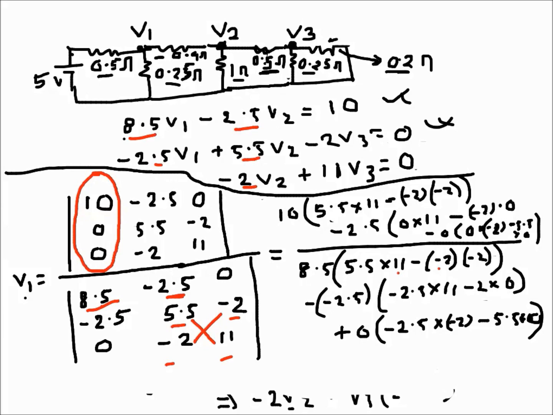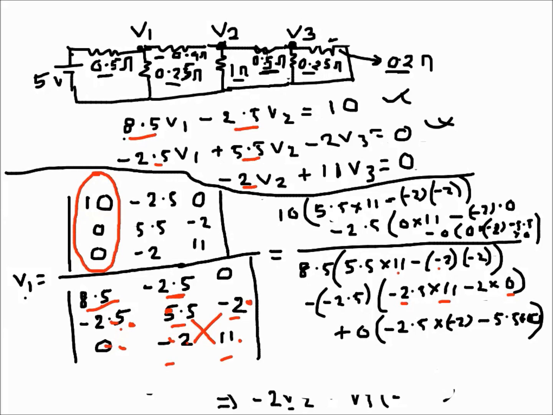For this one it's this one times this one minus 0, so 2.5 times 11 minus 2 into 0, and for the last one it's a 0 anyway, but this one with this one, so 2.5 into 2. And similarly the numerator will be like that.